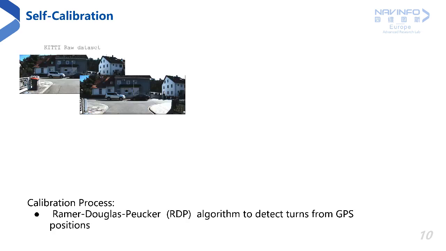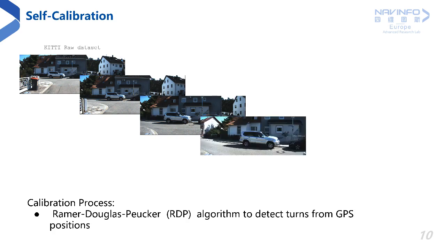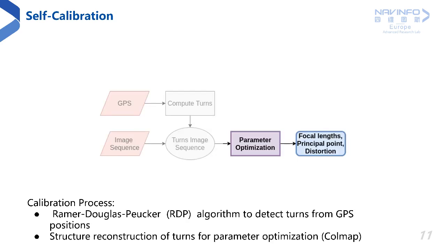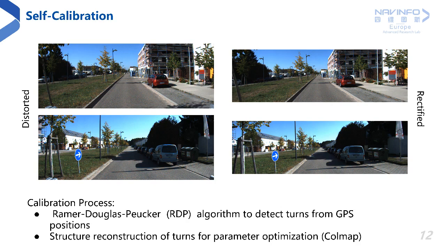Here is an example of a turn detected in the KITTI Raw dataset. Thereafter, we reconstruct each turn using COLMAP to estimate and optimize the camera parameters within an iterative structure from motion framework. The estimated parameters remove the distortions present within the image, allowing for triangulation-based accurate traffic sign positioning.